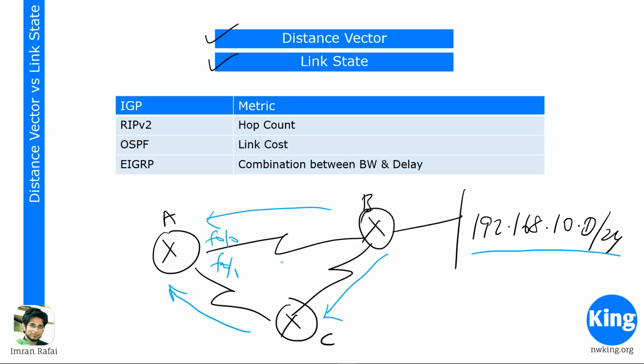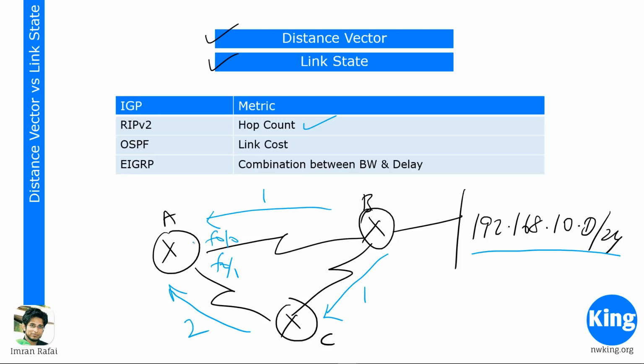If you're using RIP, because RIP makes use of a metric called hop count, B is saying it has access to this network with one hop, and C tells A that it has access to the same network with two hops.